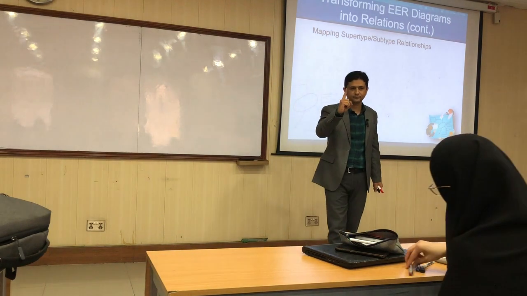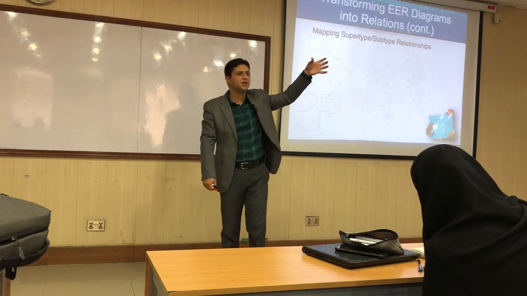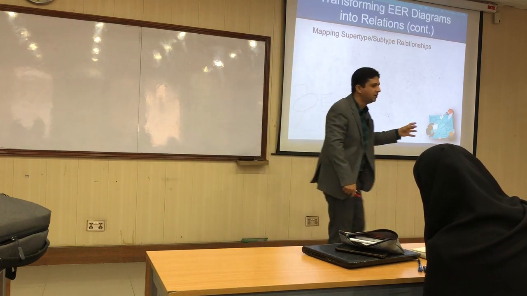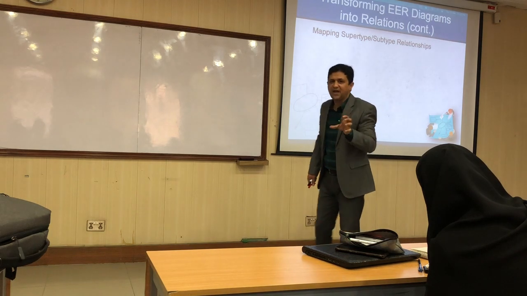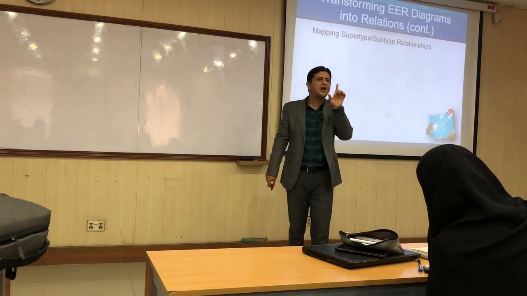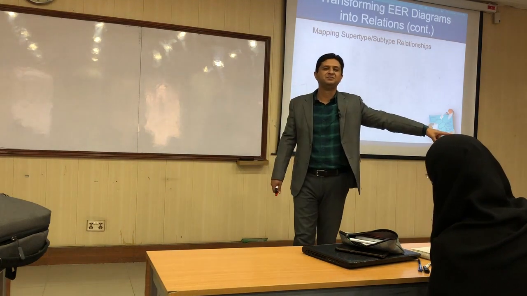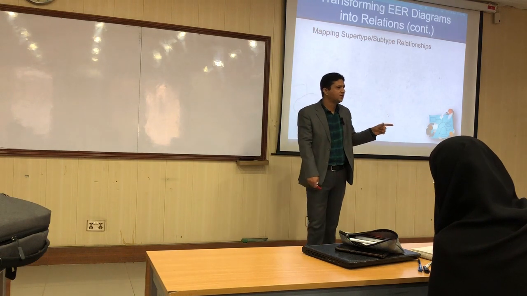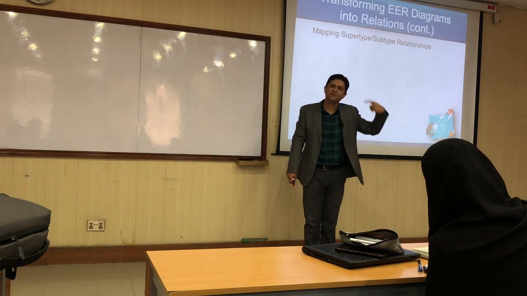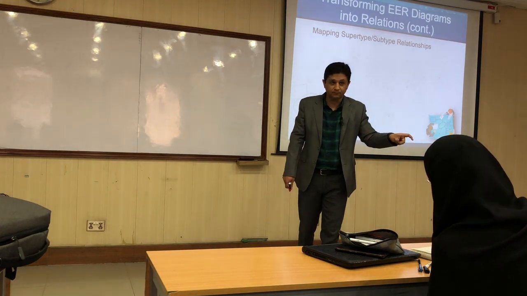Number one, the primary key which is in the supertype would also be added to all of the subtypes. In the subtype, that primary key would act as a foreign key and as a primary key. That primary key which is added to the subtypes would act as a foreign and as a primary key at the same time.